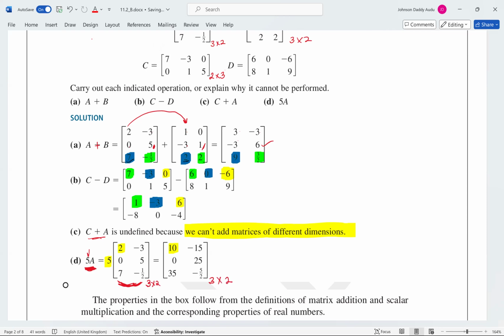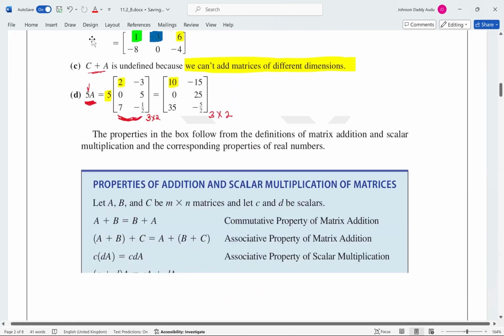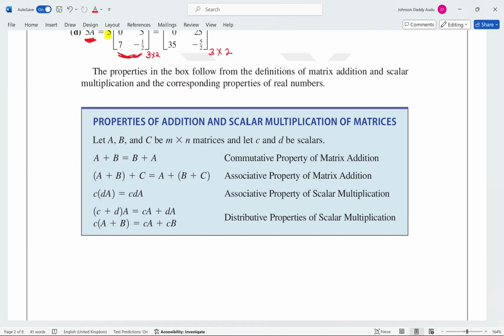All right, now the next thing we will talk about is, let's look at some properties before we look at the multiplication of two matrices. So this one, it says that what? Properties of addition and scalar multiplication. So here we're only dealing with addition, and what? Scalar multiplication.